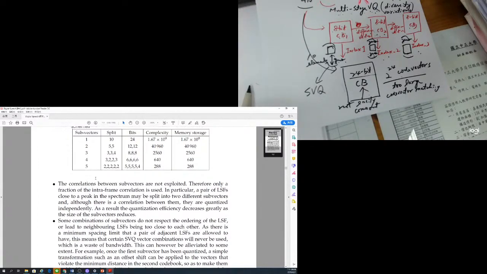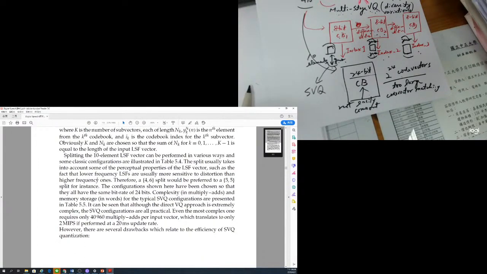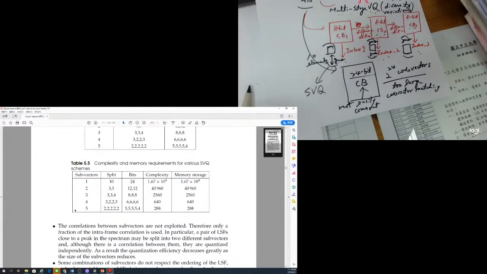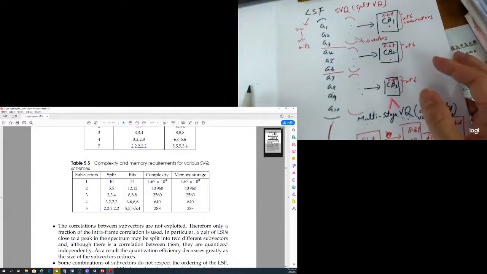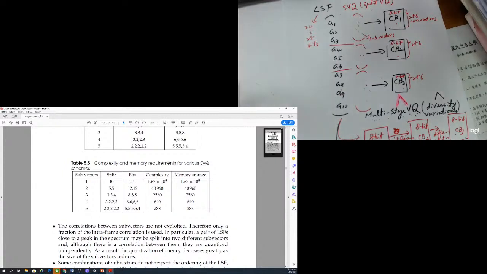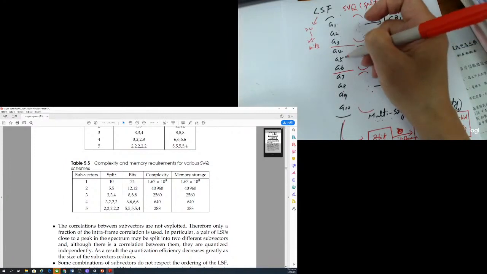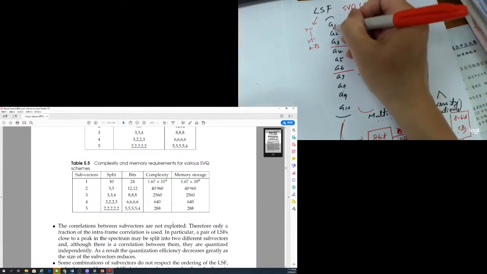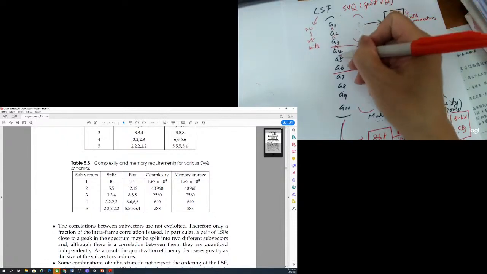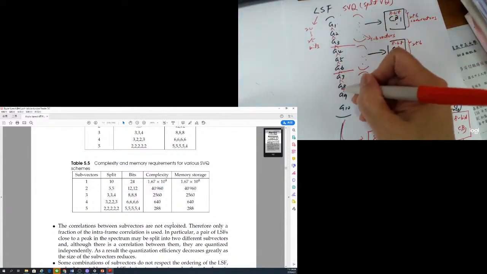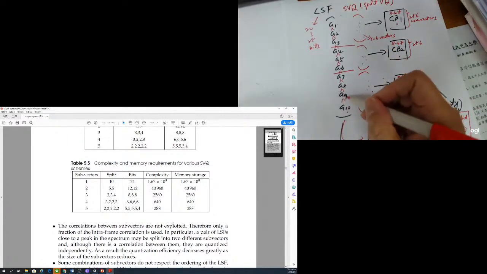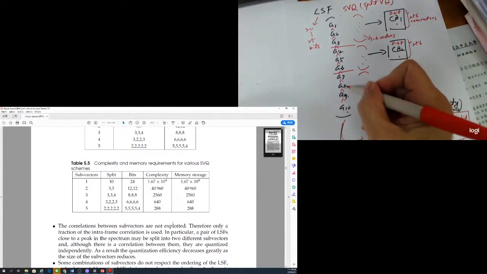There are several drawbacks related to split vector quantization. First, the correlation between subvectors is not exploited. Why? According to our line spectrum frequencies, all the coefficients have some order: A10 will be a higher frequency than A9, A8, A7.